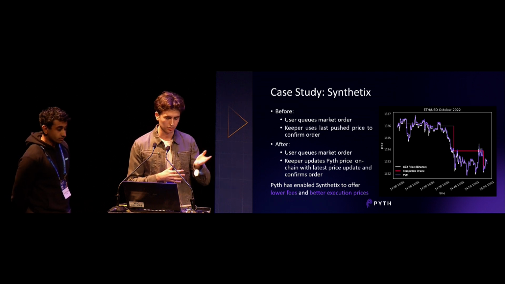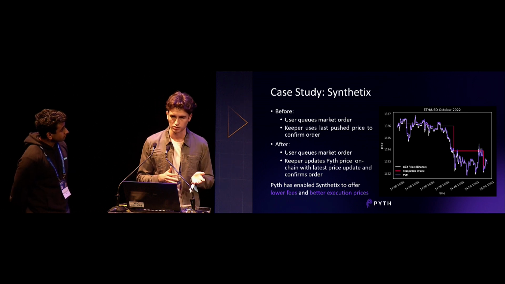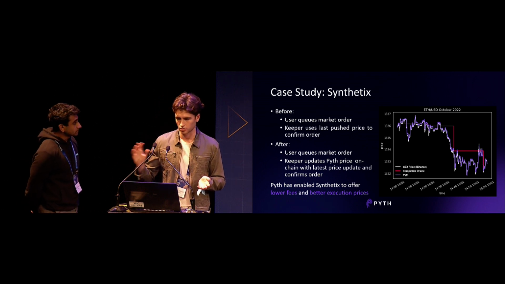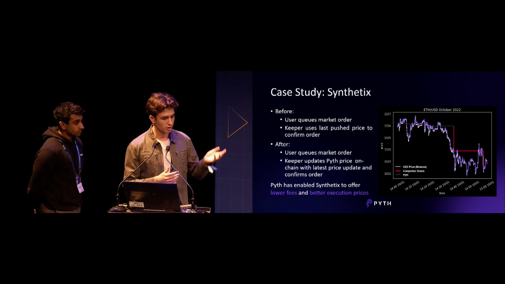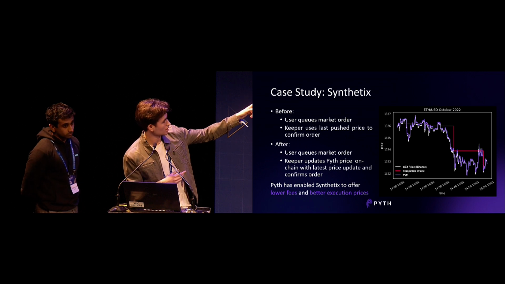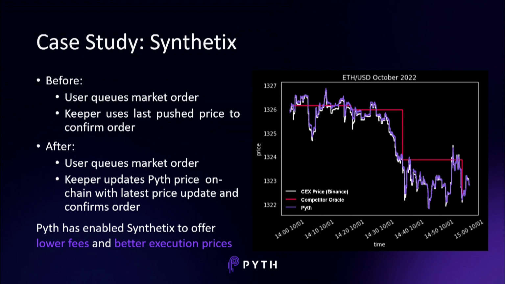Over a 20-minute period, there could be quite a large price dislocation between the oracle and the true centralized exchange price, which can of course present a lot of liquidation risk to the protocol. As you can see in this diagram, it's comparing the SEX price for Binance, Pyth, and a competitor oracle. The competitor oracle is updating on the order of 10 to 20 minutes, a pretty long step function, whereas Pyth is tracking the SEX price pretty accurately.